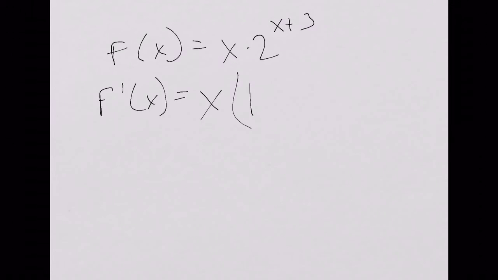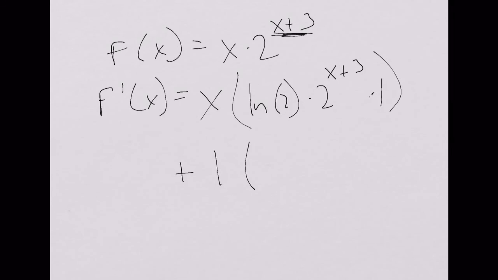So the derivative of the second is the natural log of 2 times 2 to the x plus 3. And I could say multiplied by 1 because the derivative of this exponent is 1. Then plus the derivative of the first times the second. So this would be my derivative.